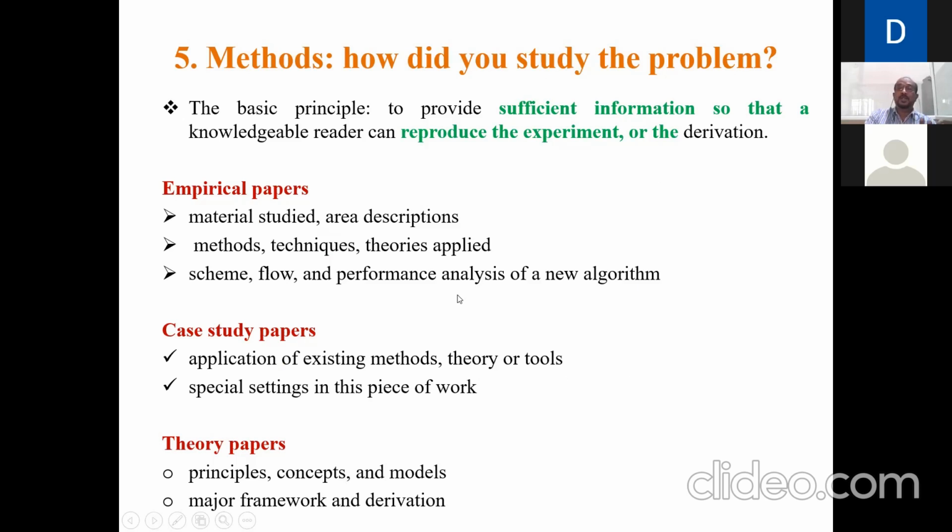flow, performance analysis, and any other new algorithm if we are using one. We can use this type of material and this type of pattern in empirical papers. If it is a case study paper, there is no need for the case study and theory paper. We are only talking about research papers like empirical papers, right? The basic principle is to provide sufficient information so that a knowledgeable reader can reproduce the experiment or the derivation.